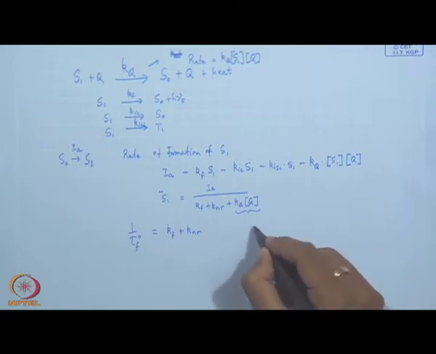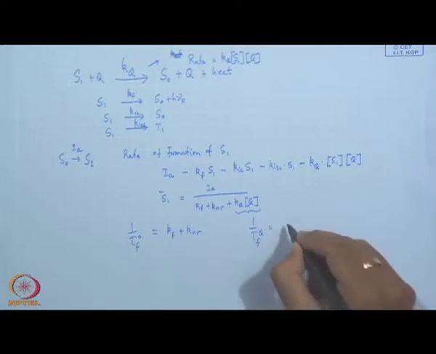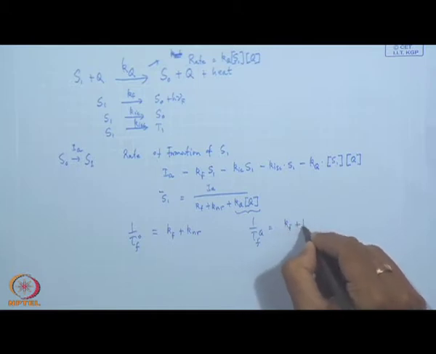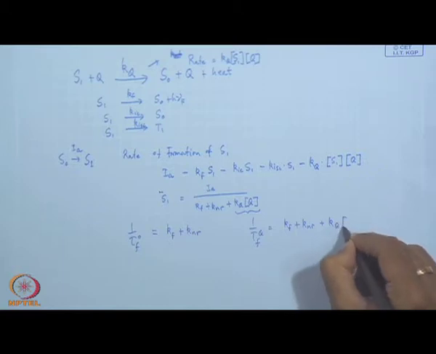And in the presence of the quencher, 1 by tau f q is Kf plus Knr plus Kq into Q.